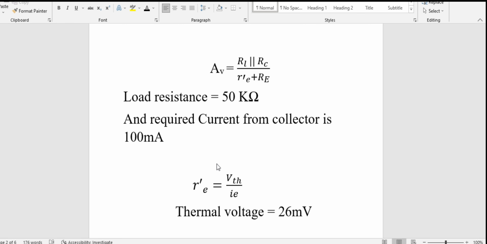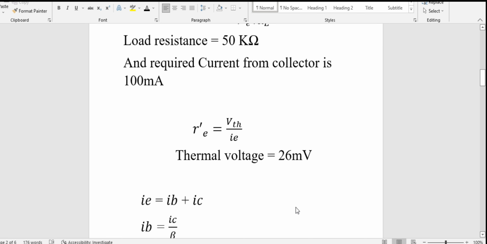That's why I am telling you here about the diode. So RE' is equal to V thermal divided by IE, where IE is basically the emitter current. VTH is a standard value, 26 millivolt, and IE can be found.